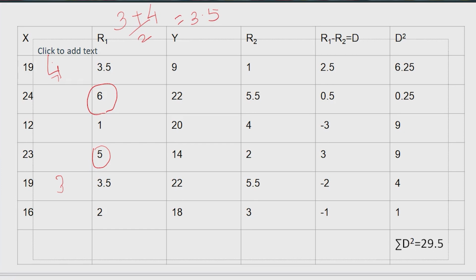If there are still more overlapping or repeated numbers, then likewise I will do the same. Just take hypothetically, suppose this 23 was repeated twice. Then you would give 5 rank to one 23 and 6 rank to another 23, and then what would you have done? You would have done 5 plus 6 divided by 2 and it comes out to be 5.5.